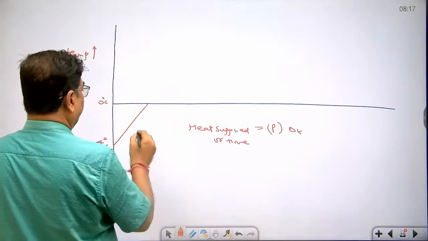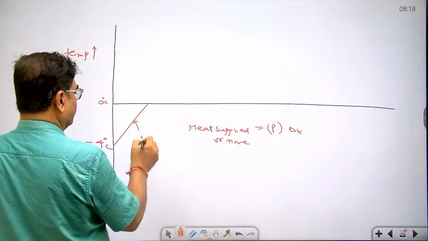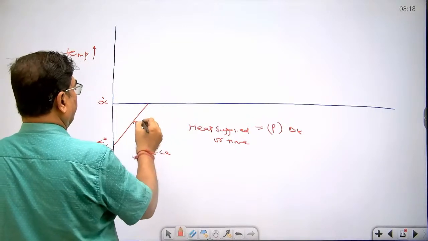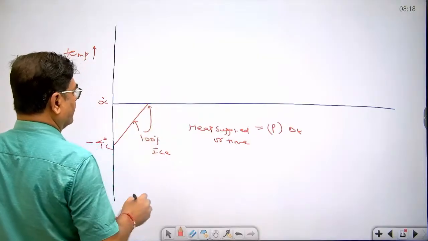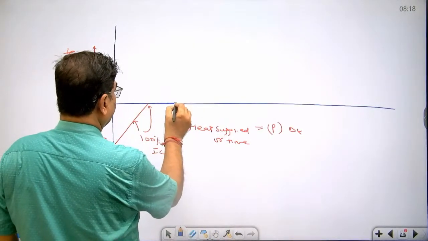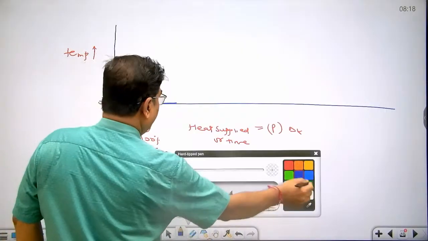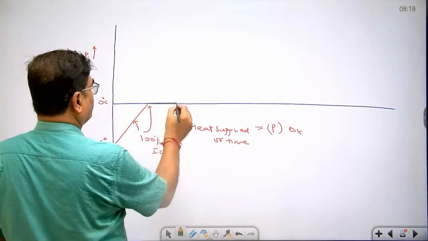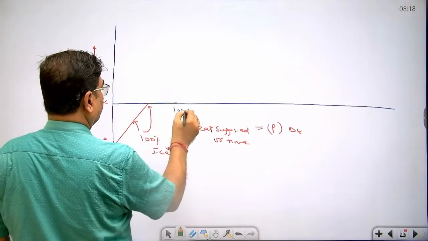Here complete 100% ice is there. At this point also 100% ice. Now state change will take place. At this point, this is 100% water.